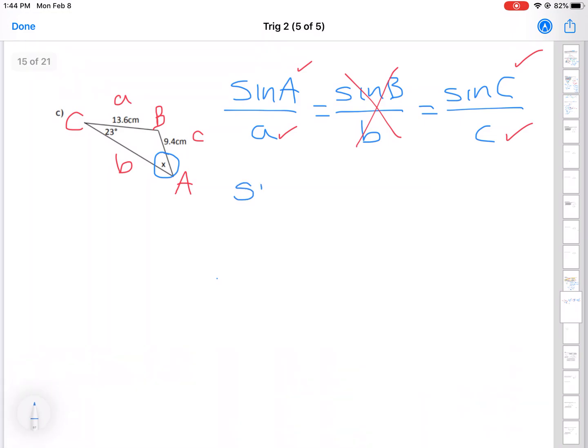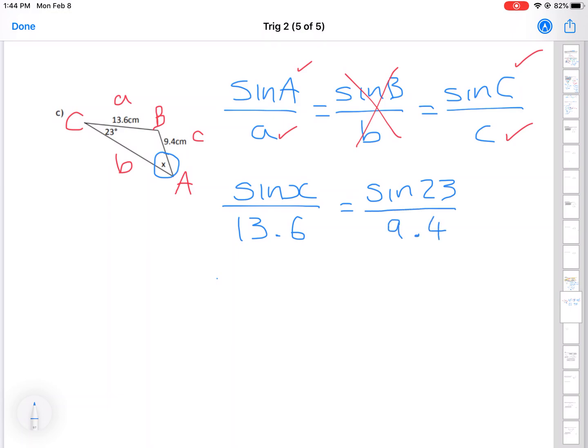Now, sine A is sine of x over side A, which is 13.6. That is equal to sine of 23 for angle C over 9.4.